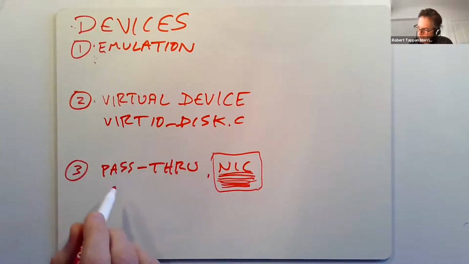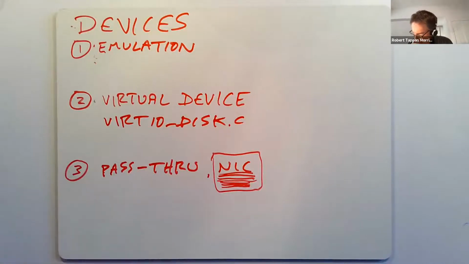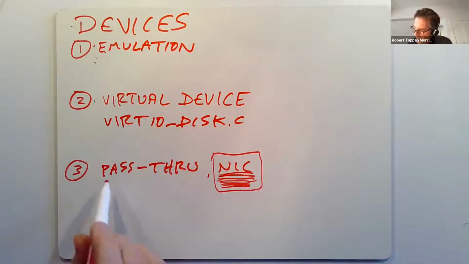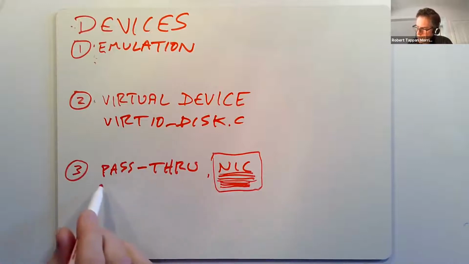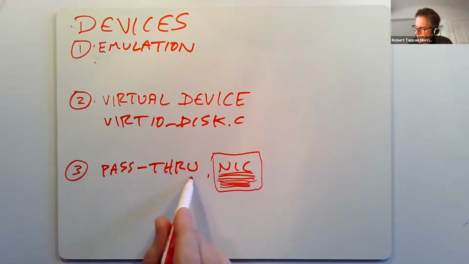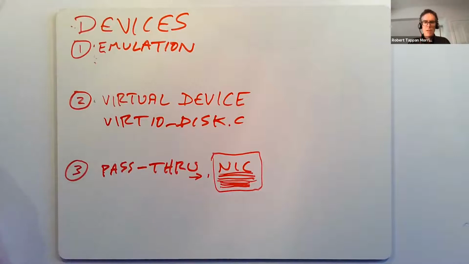And the guest operating system, in theory, I think you could set this up so it wasn't really aware that anything odd was going on. But I think in practice, the guest operating system device drivers know that they're talking to one of these special network interface cards. All right, so these are the options for devices.